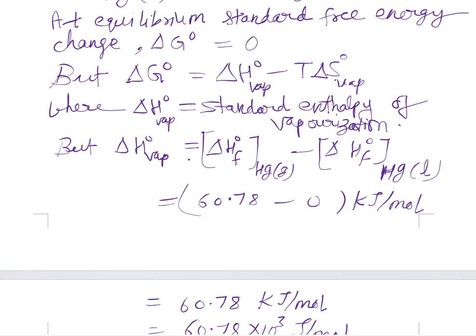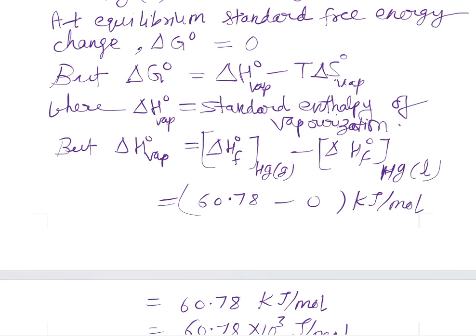To find out the value of this delta H naught of vaporization, we have to subtract the delta HF naught of mercury in liquid state from delta HF naught of mercury in gaseous state. That is, heat of formation of mercury in the standard state in the gas phase minus heat of formation of mercury in the liquid state.